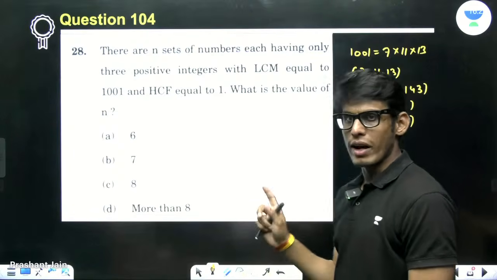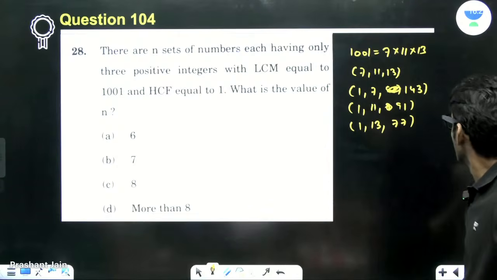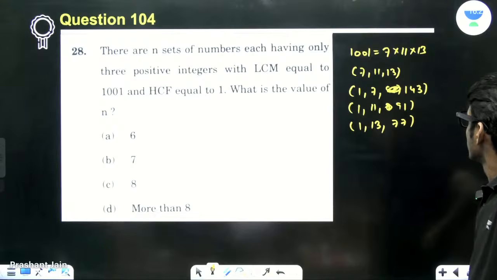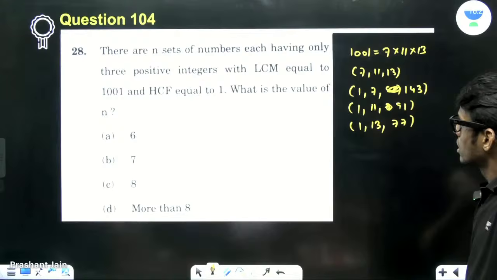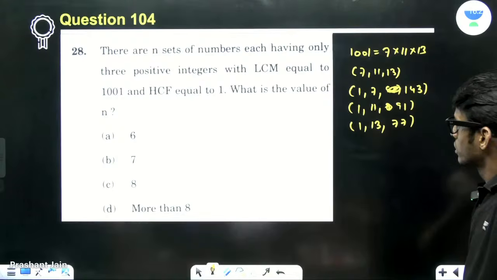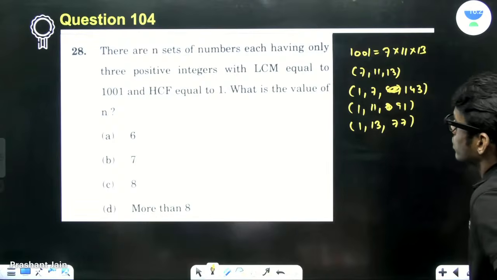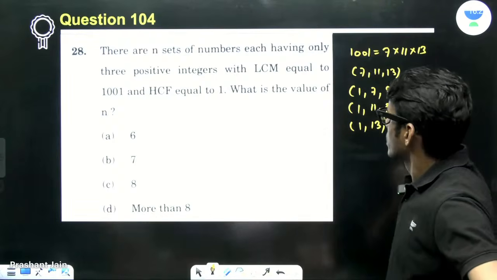So basically we have to divide the powers of 7 and powers of 11. Three positive integers.